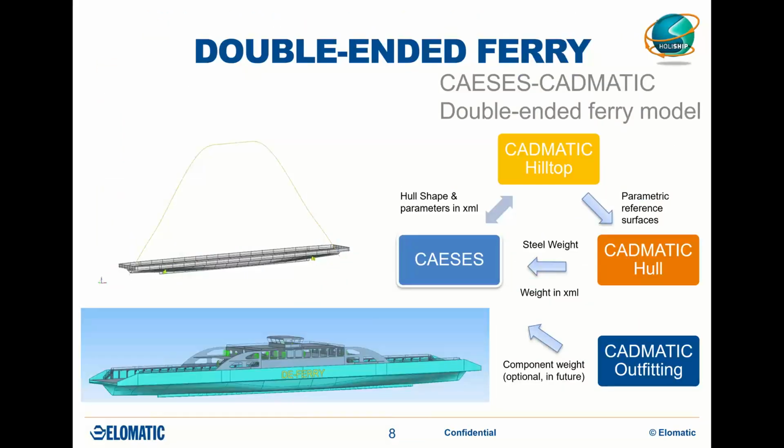Let's now focus on the link between CAESES and CADMATIC in more detail. On the upper left corner, you can see the parametric hull shape generated in CAESES. In a nutshell, this parametric hull shape is made from several so-called curve engines in CAESES, which take in parametric curves and generate the parametric hull surface based on this.